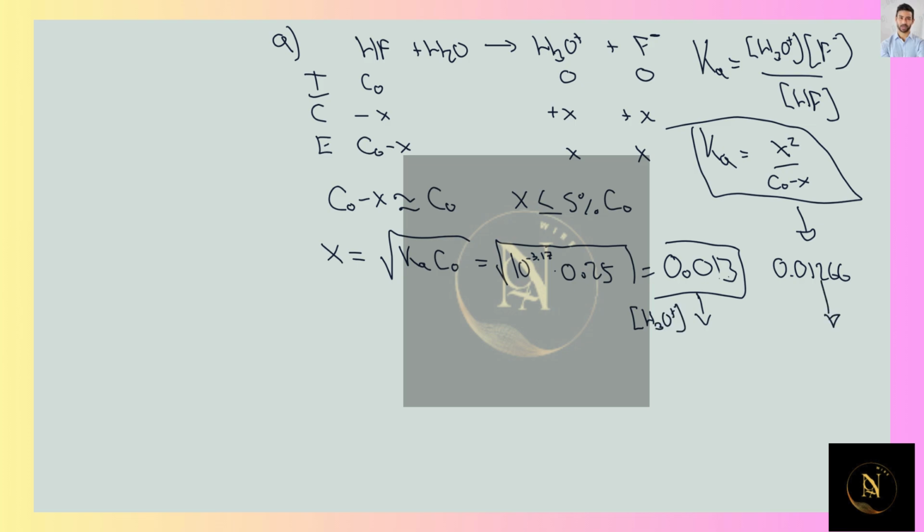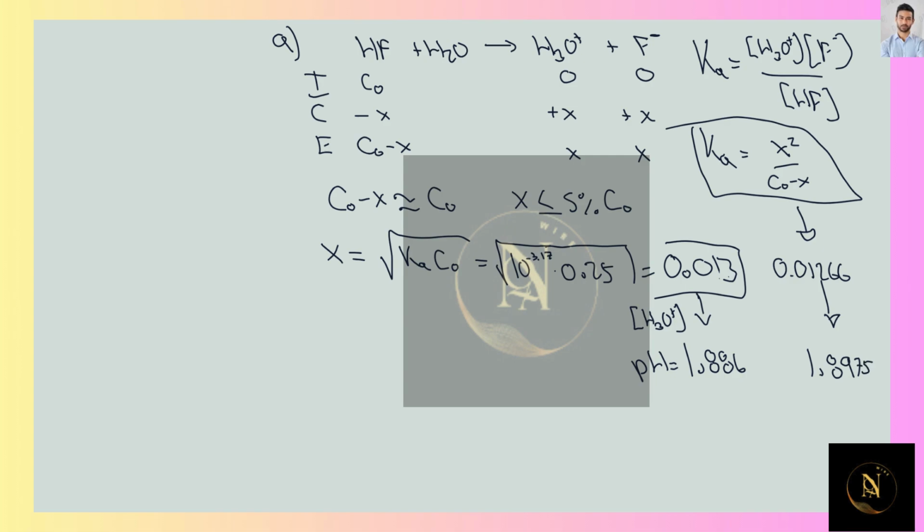If we use our approximation, we find a pH of 1.88. And without any approximation, solving the full quadratic expression, we get a result of 1.8975.